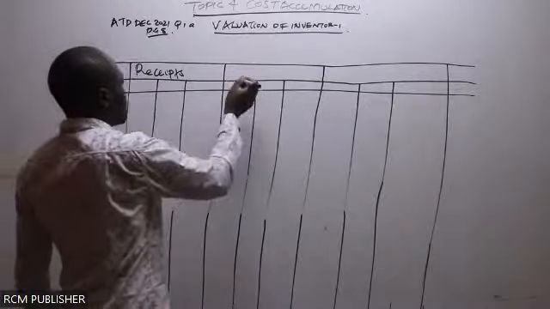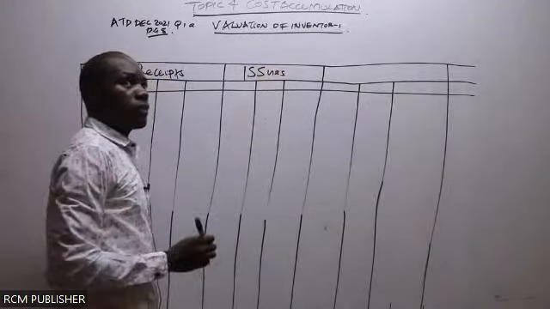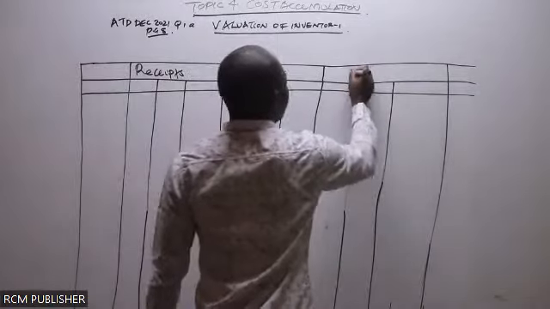So we indicate receipts, then issues, then balance.